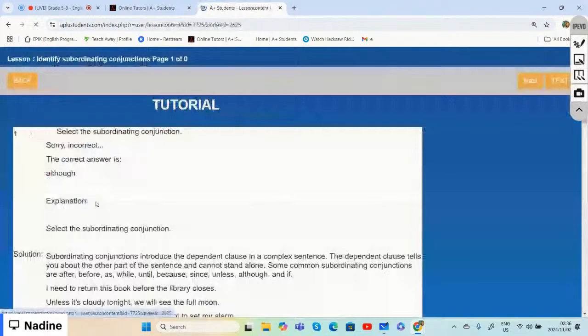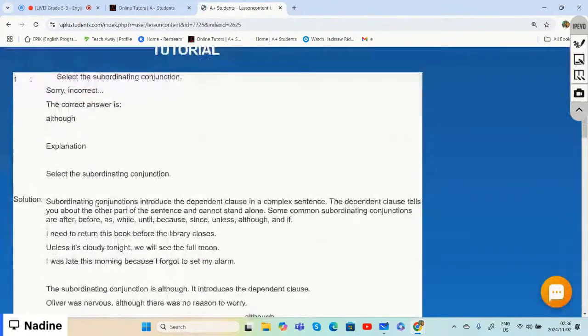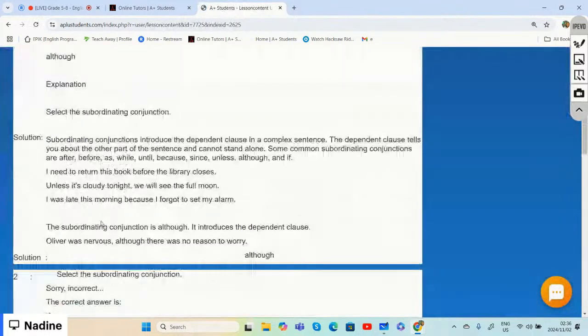All right. So before we end off our lesson, it's not time to end it off yet. We still have about 10 minutes left.